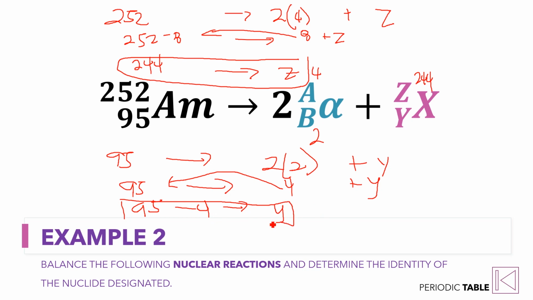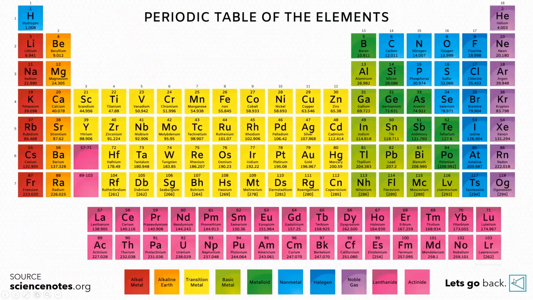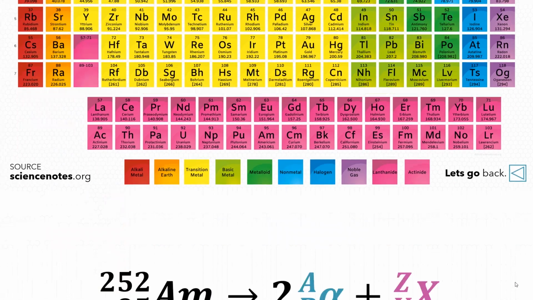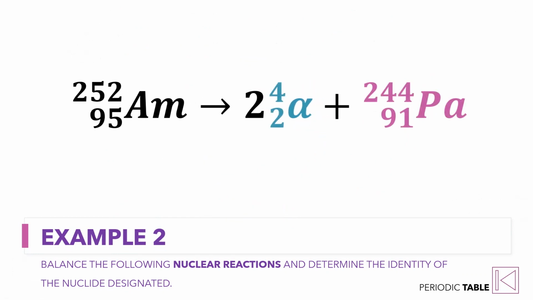So 95 minus 4, that's 91. So we will be looking at an atom that has an atomic number of 91. Let's check the periodic table. So 91 is here, protactinium, Pa. Let's check. Yes, that's correct. We get protactinium, Pa.